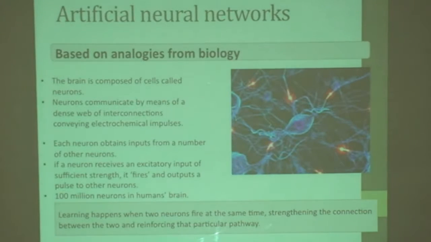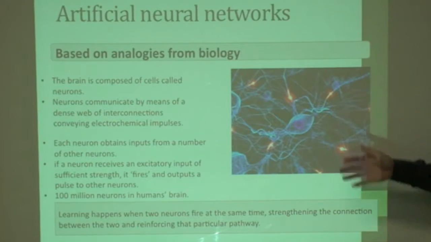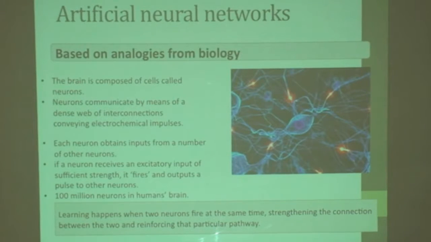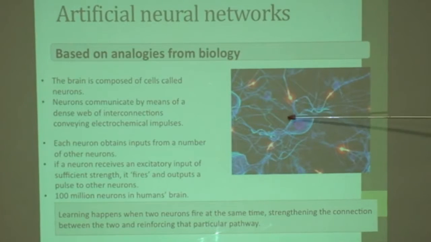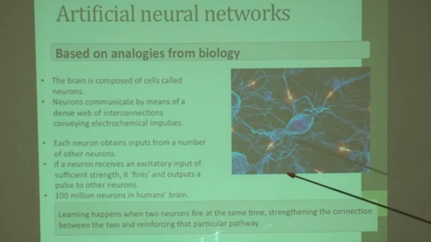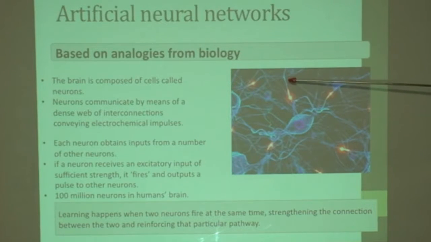First, about the artificial neural network. This kind of model is based on analogies from biology. As you know, as shown in the picture, our brain is composed of thousands of billions of cells called neurons. Many neurons are connected by rod-like connections, and the electrochemical impulse is delivered along the connections.